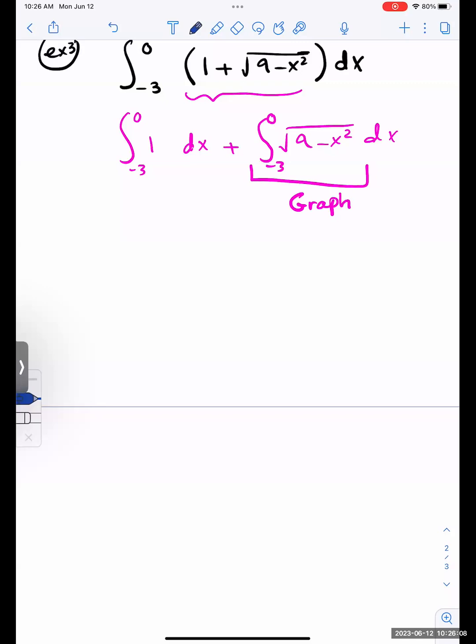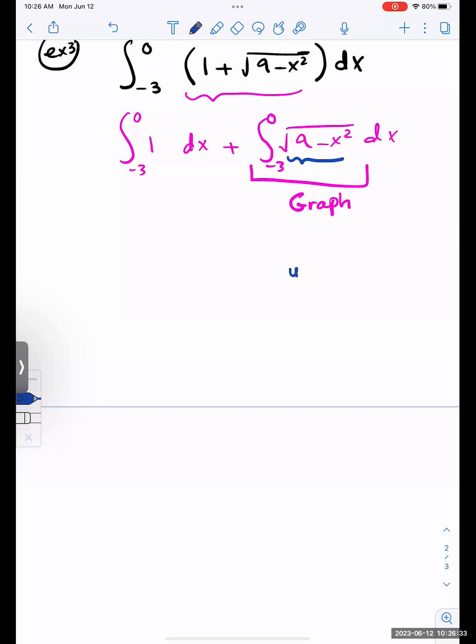We're going to get to techniques of how to find the integral of radical, something like 9 minus x squared. But for now, because we don't know those techniques yet, as a class, we're going to graph this, and we're going to talk about the area under the curve here. So let's see what that is.